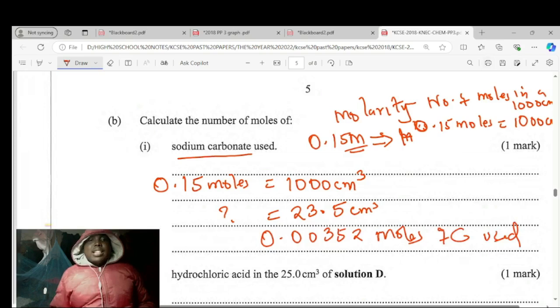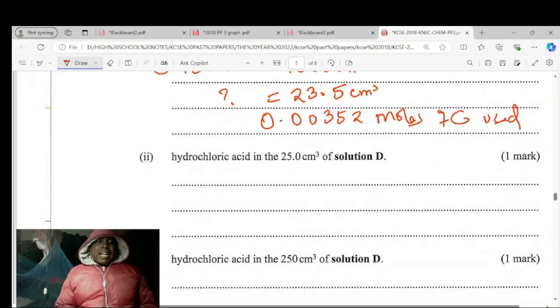Now the next question is: calculate the number of moles of hydrochloric acid in 25 centimeters cube of solution D. To get that, you must write a balanced equation for the reaction between HCl and sodium carbonate. That is the only thing that will help you.